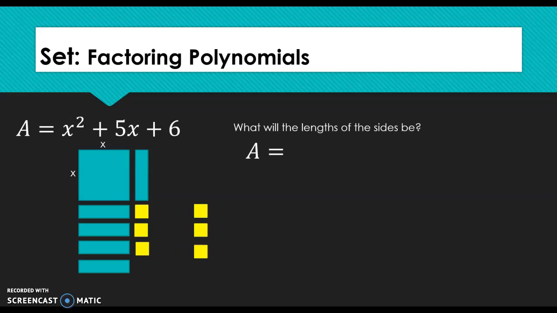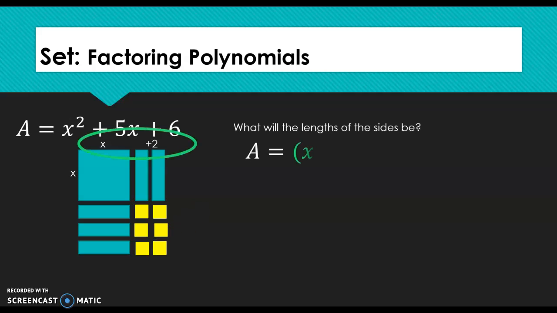Let's try this way. But what do we do with these extra 2 that are left over? Let's move another x up, and then we can reorganize our squares so that we show x plus 2 times x plus 3. When FOILed back together, we'll get x squared plus 5x plus 6.